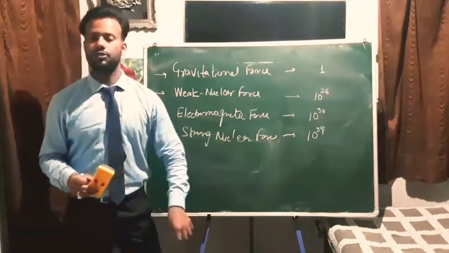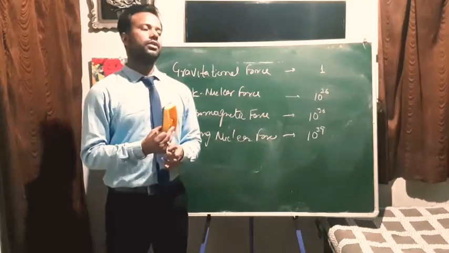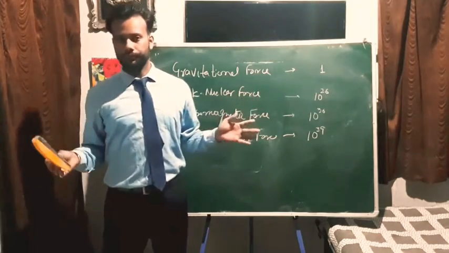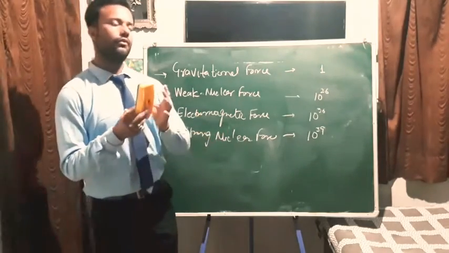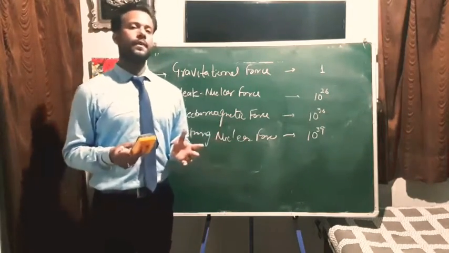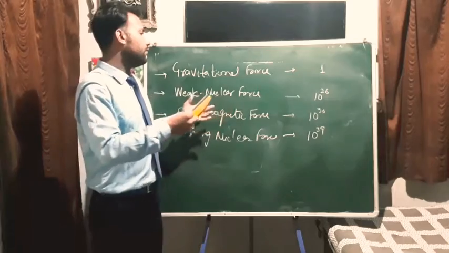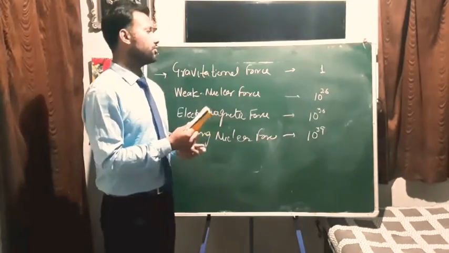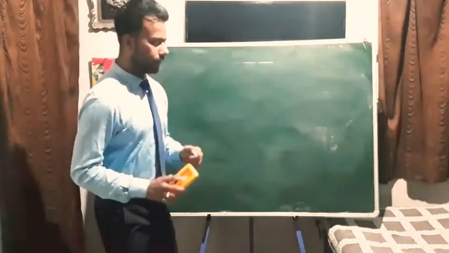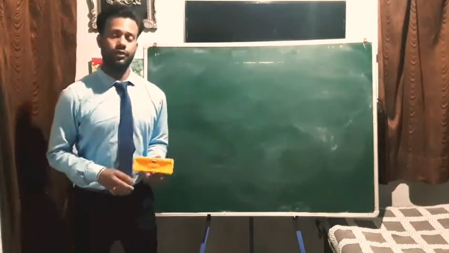So if this force ceased to exist, what will happen? Then the nucleus will fall apart, right? So now you can see that each and every force is very, very important in nature. If we don't have any single one of these forces, we can't survive. So these are the fundamental forces in nature.